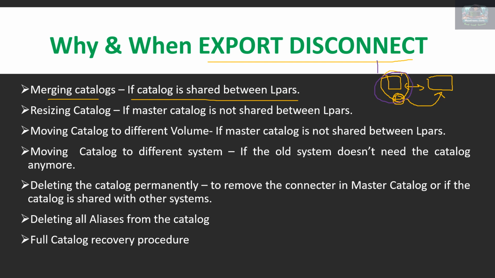If it is a plex of three LPARs and it is connected to all three, you have to run an EXPORT DISCONNECT to remove the connection between them and then delete this user catalog. After copying all the details to one single user catalog, you have to run an EXPORT DISCONNECT first, and only then can you delete that particular user catalog.